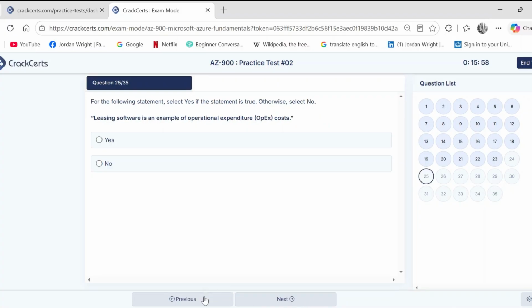Next. Monthly salaries. Yeah, running cost. So is it software?